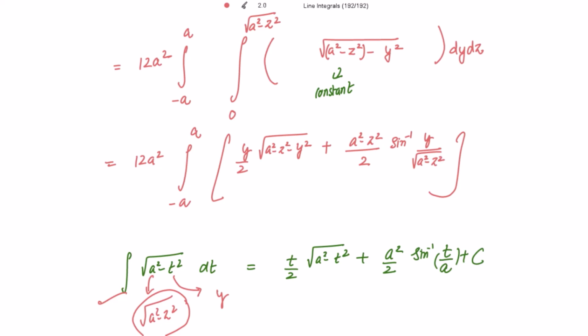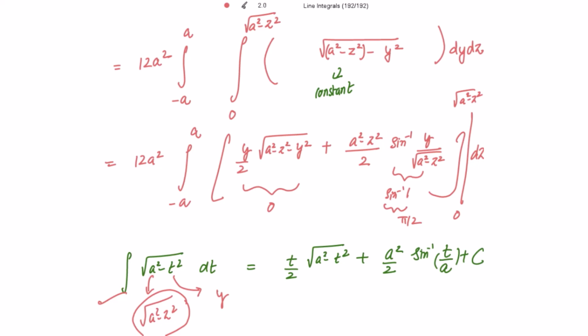And because we have the limits, writing here from 0 to square root of a square minus z square dz, right? On putting the upper limit, we get this term to be 0, and the second term becomes sine inverse of square root of a square minus z square divided by square root of a square minus z square. That is, this becomes sine inverse 1, and sine inverse 1 is pi by 2, right?